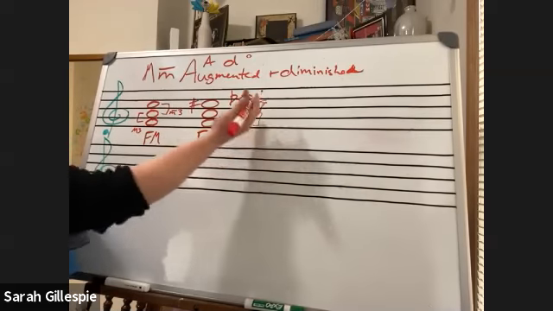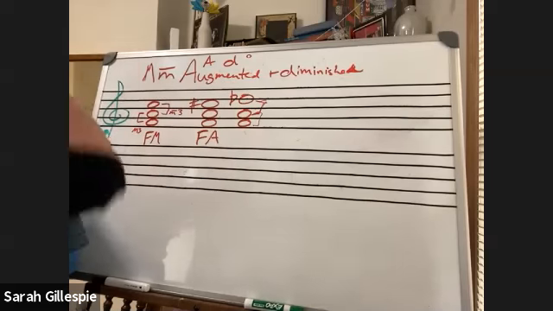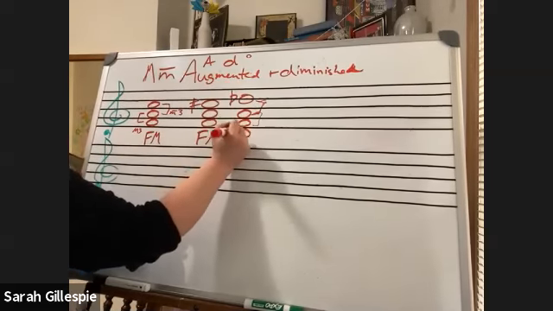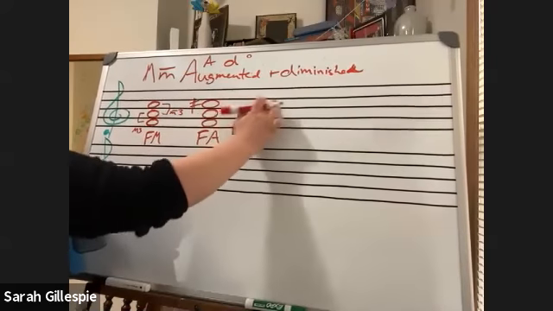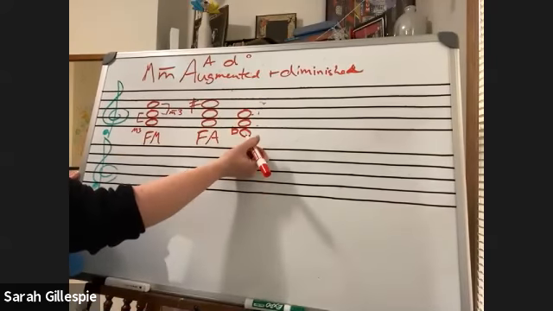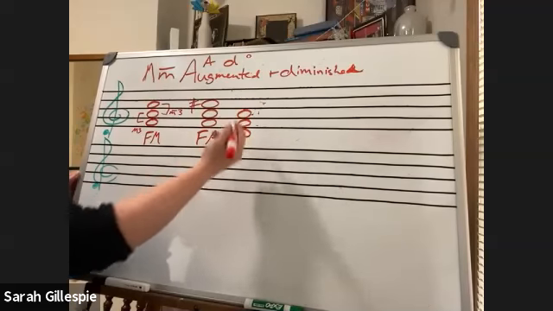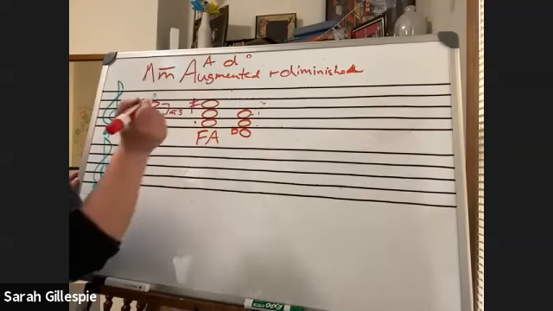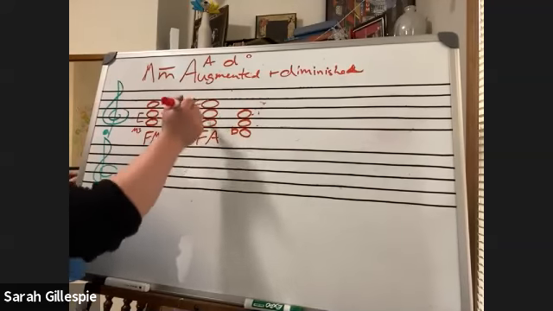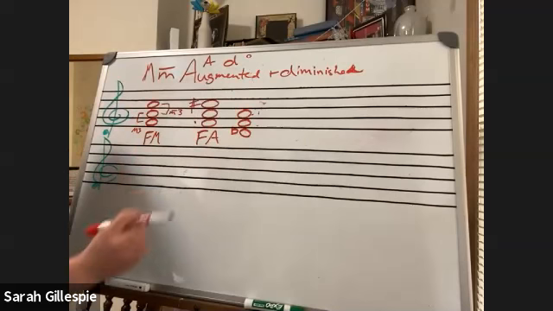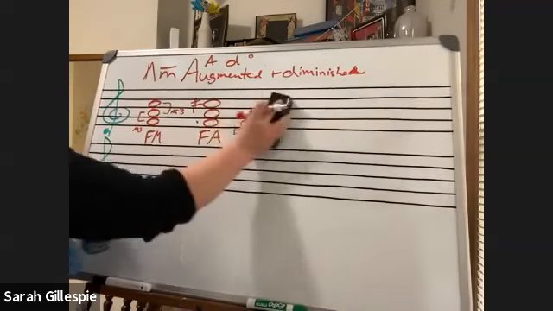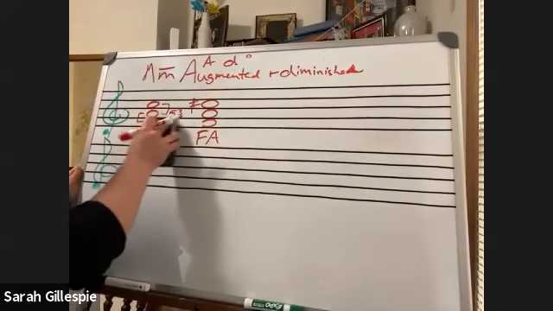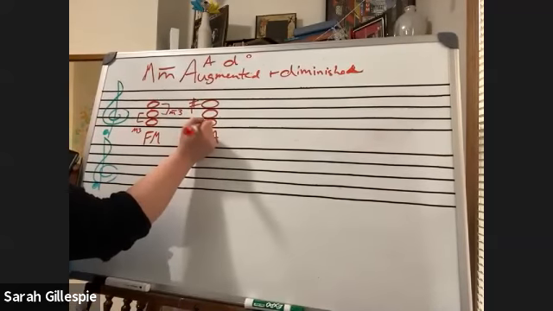So this now looks like an inversion, which it is. If we took this down, we would create this as being the root. So now we have a completely different chord, some kind of D flat root, which is why, if our root is F, we cannot write that D flat up there, because if we put it in root position, it won't work. That is how we write augmented chords.